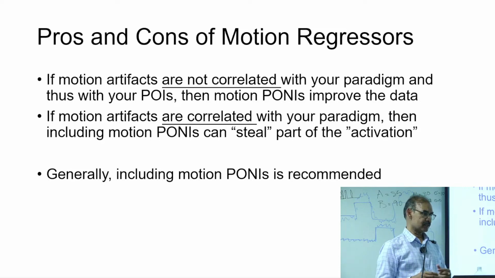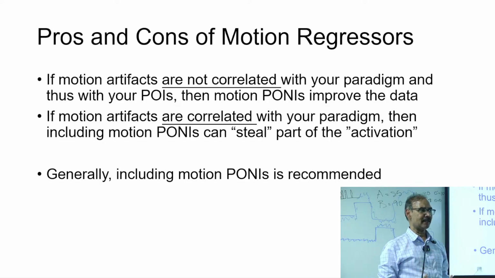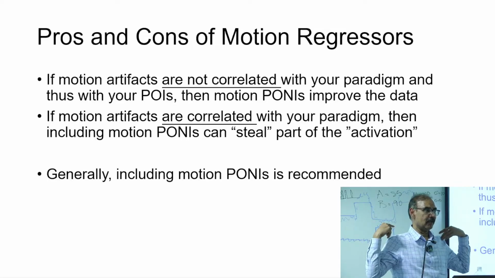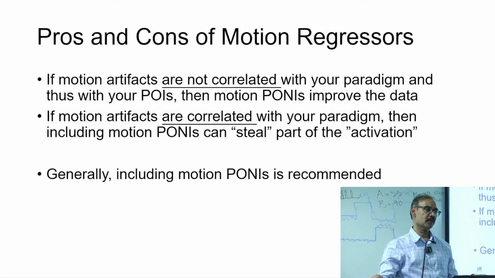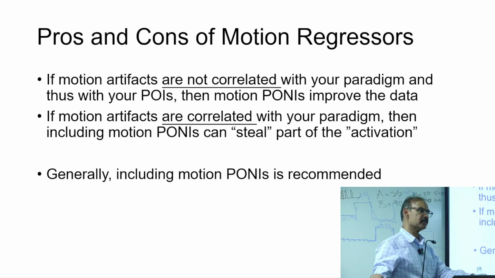So if you had asked your participant to lie in the scanner and told them, okay, when I say tap, you do like this, then very likely when they move like this, it will induce some head motion, right? And to remove that from the task induced response is not going to be that easy. Okay.